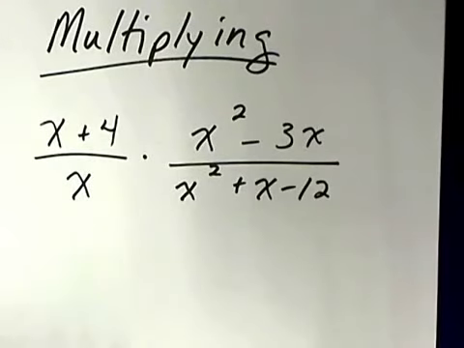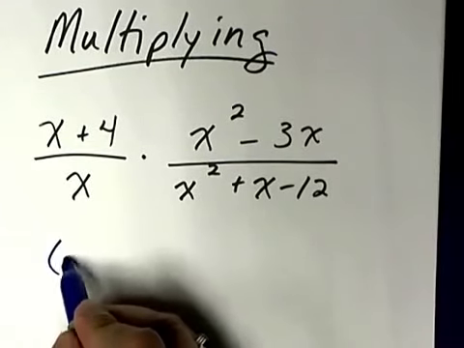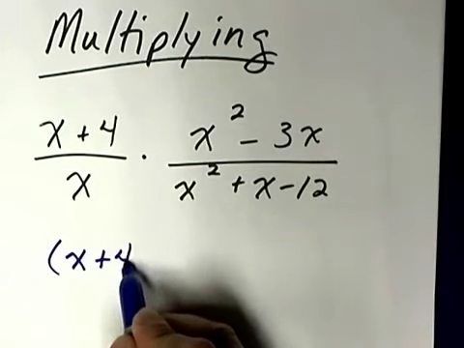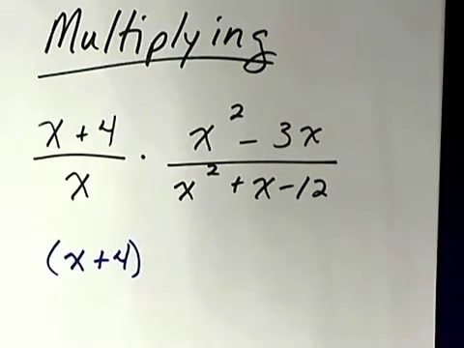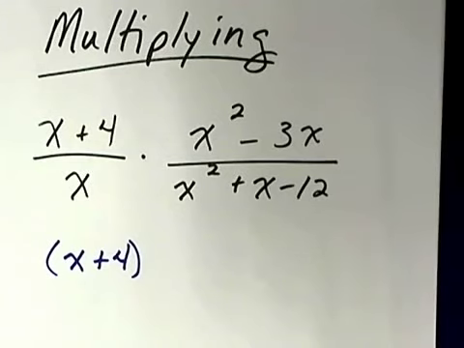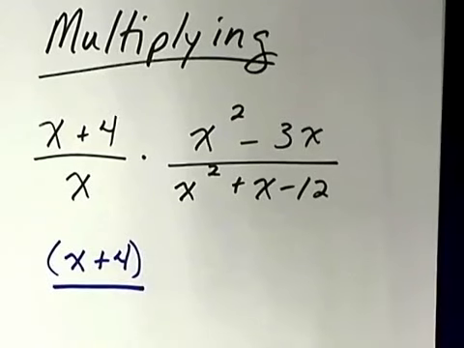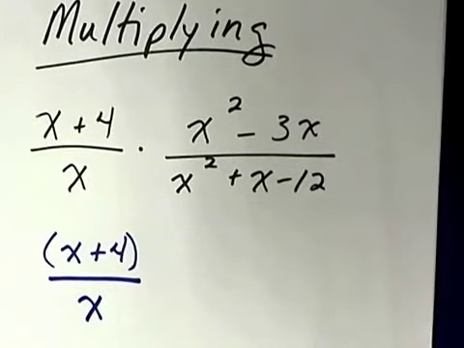Now that means that that whole quantity, x plus 4, is a factor. So I'm going to write it in parentheses to remind myself that yes, I looked at it, and also that that entire quantity is a factor. So I would cancel all of that or none of it.